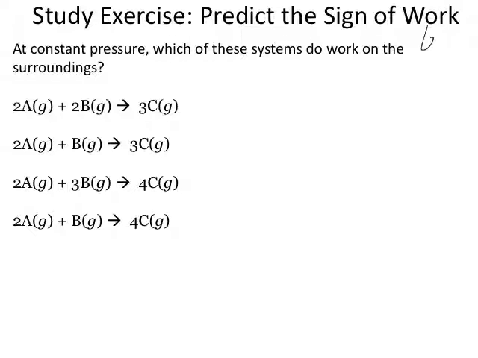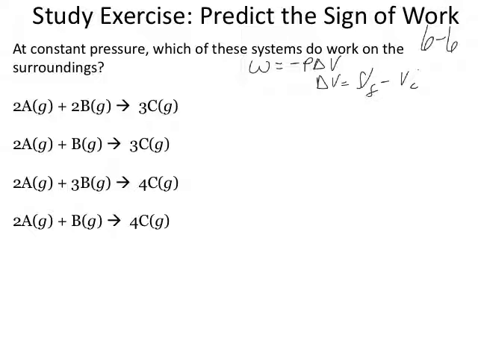This is problem 6-6. Okay, so we've talked about gas expanding to do work. So here's our work equals negative P delta V. And we've talked about delta V being the final minus the initial.